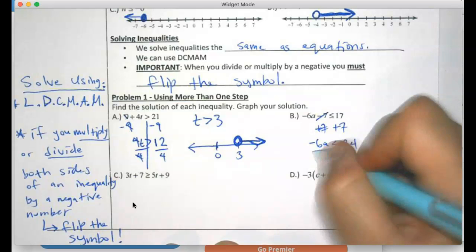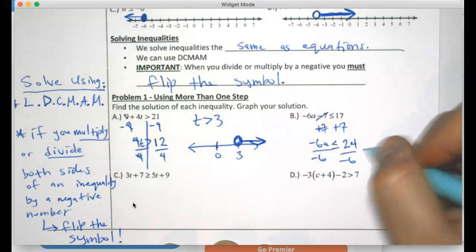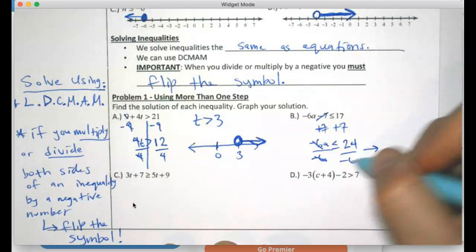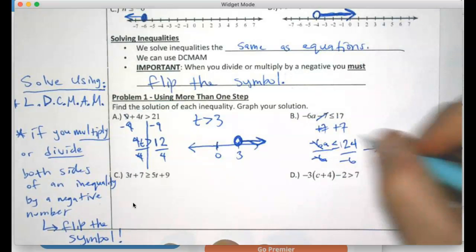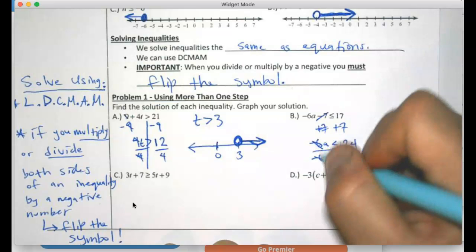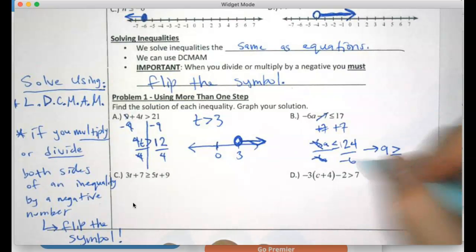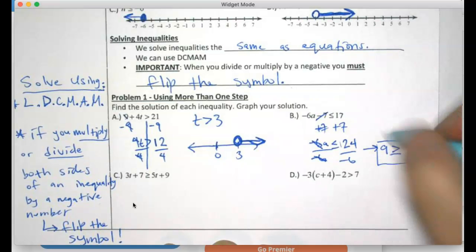Next step, divide both sides by -6, and when you divide both sides by a negative number, you must flip that symbol. So now instead of less than or equal to, you'll say greater than or equal to. So a is left, and 24 divided by 6 is -4. So a has to be greater than or equal to -4.